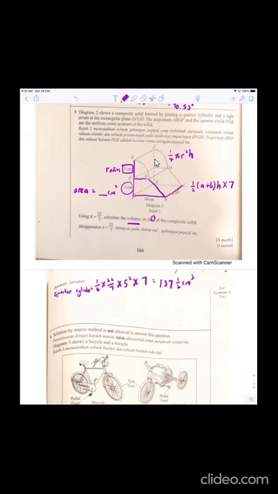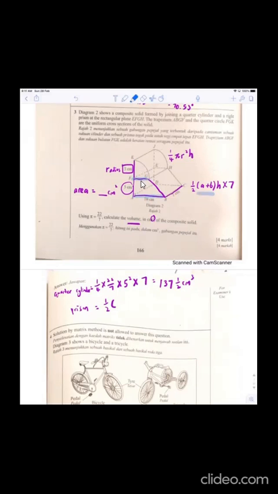Okay, let's see the prism, which is 1/2 times (a plus b). The meaning of a plus b is this one plus this one, so the top plus the bottom.